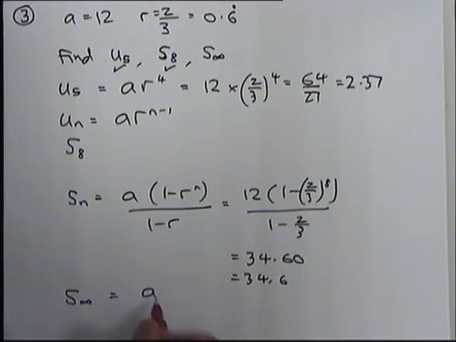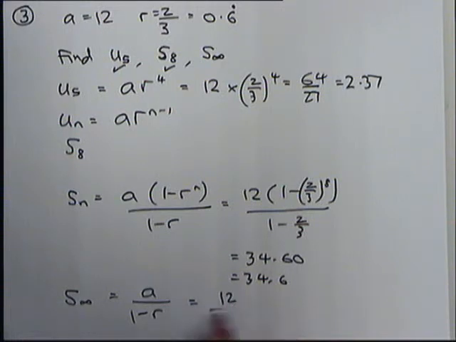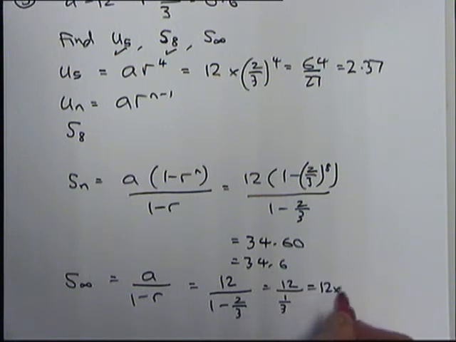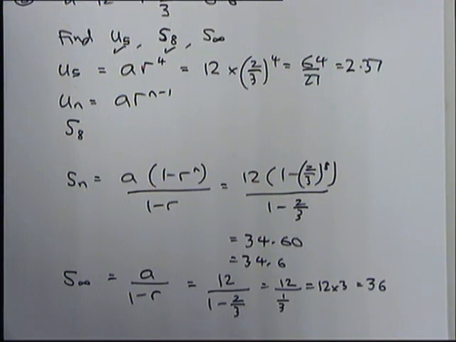And the formula I had for that was a over 1 minus r. a here was 12, r was 2/3. 1 minus 2/3 is 1/3. 12 divided by 1/3 is the same as 12 times 3. That's 36. So I've now found that if you kept on with this series forever, the sum of all the terms would be 36.